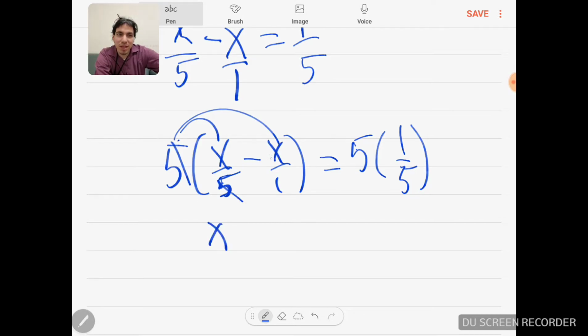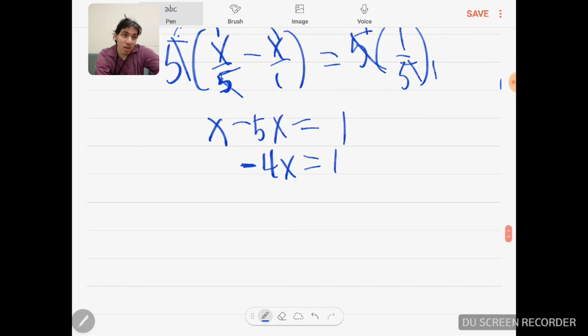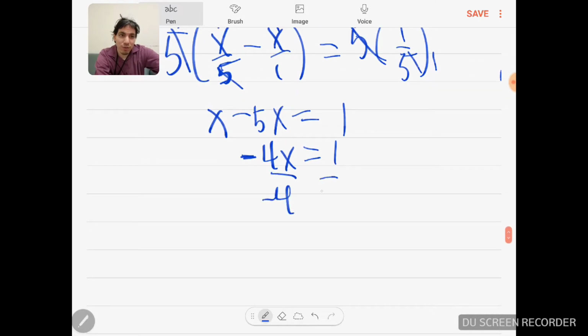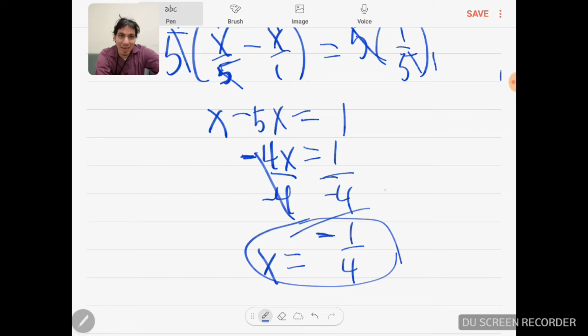And then 5 times x is going to be negative 5x equals, well, these are going to cross cancel, so I'm going to be left with 1. After I subtract, I'm left with negative 4x equals 1. So I divide both sides by negative 4. x equals positive divided by negative is negative 1 over 4 as my answer.